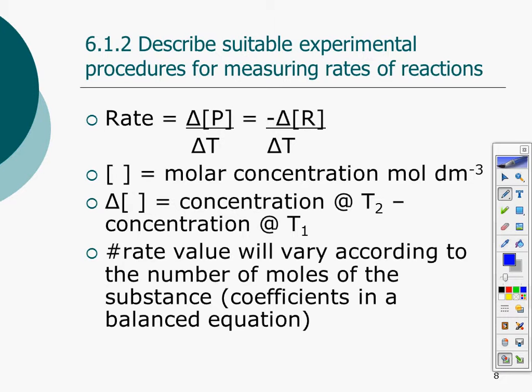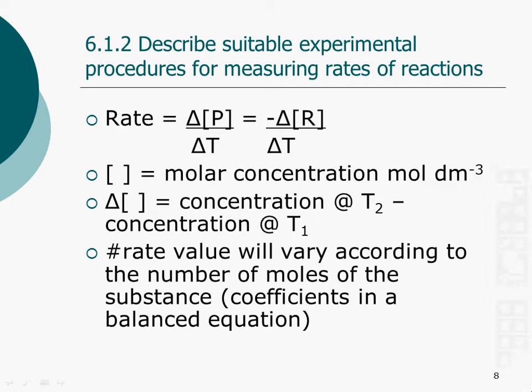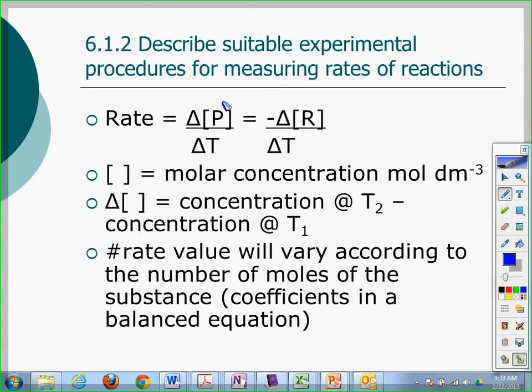All right, rate is, okay, so if we did this, change in pressure over the change in time equals the change in the concentration of the reactants. That's what this is. Excuse me, this is products. Change in products over the change in time equals the change in reactants. Now, notice this right here.